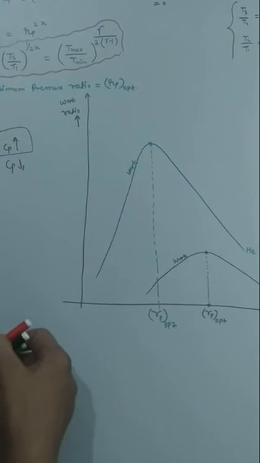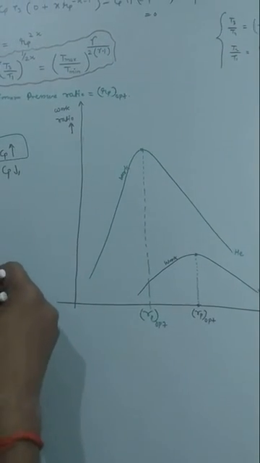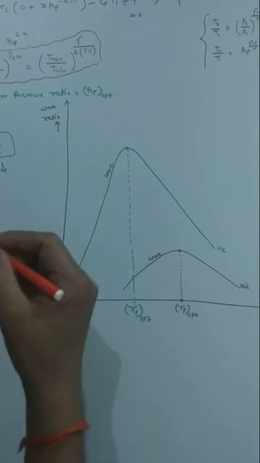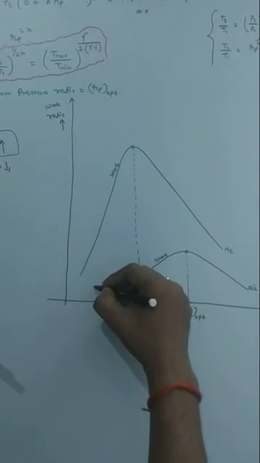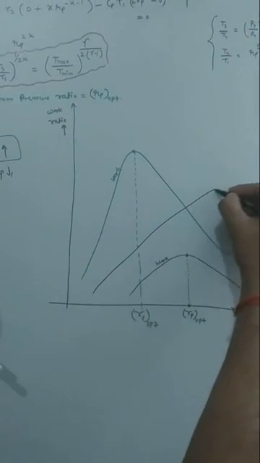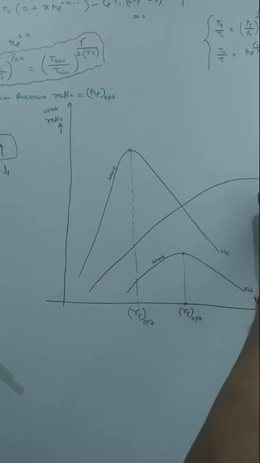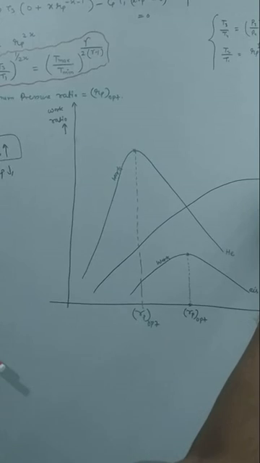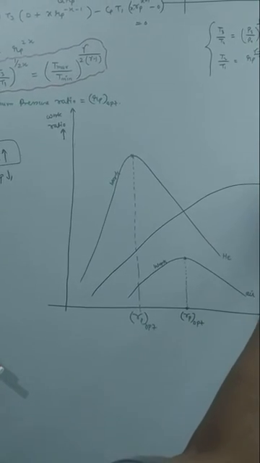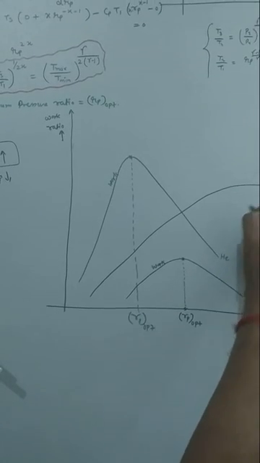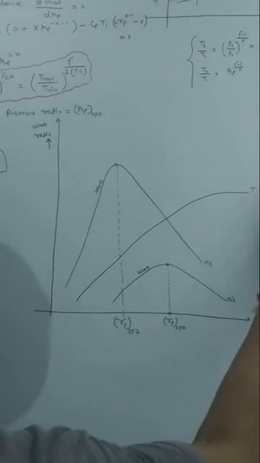Okay, if you are interested to draw the curve for efficiency, then the curve is like this. This is the curve for thermal efficiency of the gas turbine when air is used as a working substance. This curve is for air.